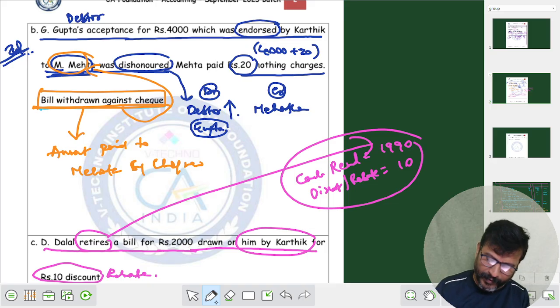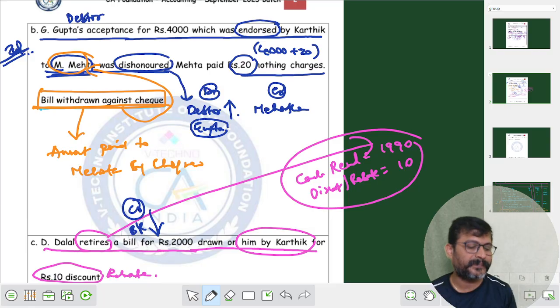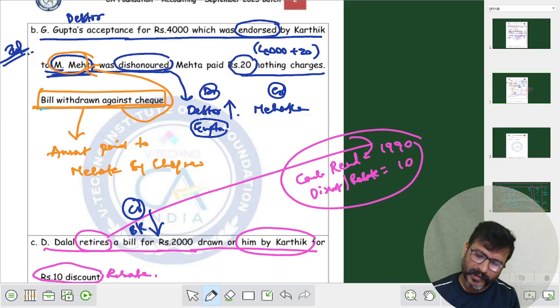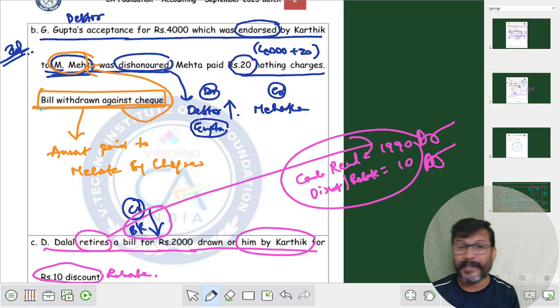For retirement of a bill. When you receive for retirement of a bill, your bills receivable decreased, it is to be credited. Did you understand? You received what? Cash. Cash is to be debited, rebate is to be debited, this BR decreased, BR is to be credited. That is called retirement of a bill.